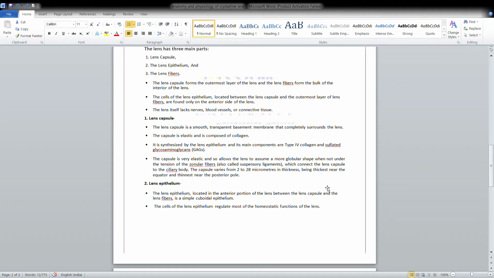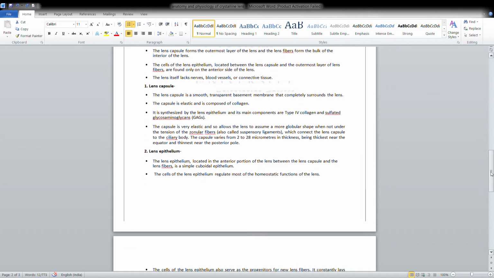The lens capsule varies from 2 to 28 micrometers in thickness, being thickest near the equator and thinnest near the posterior pole.